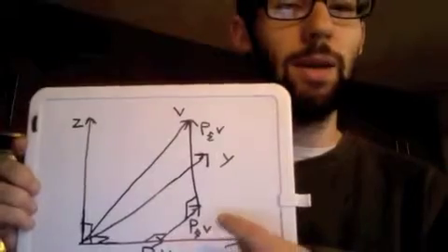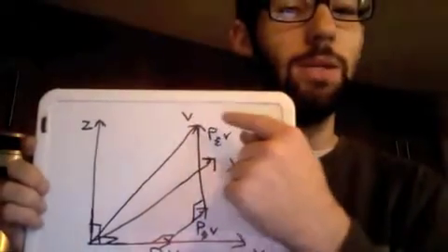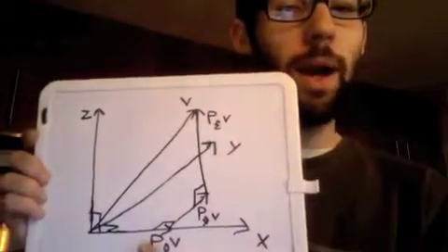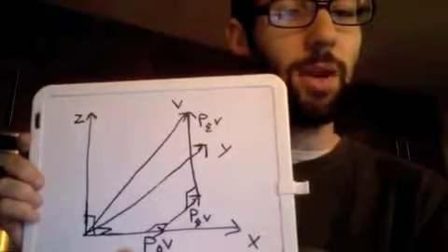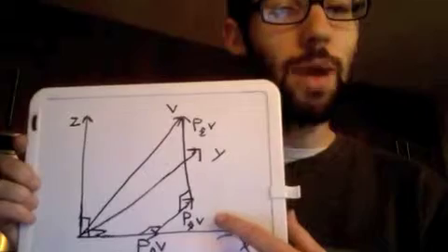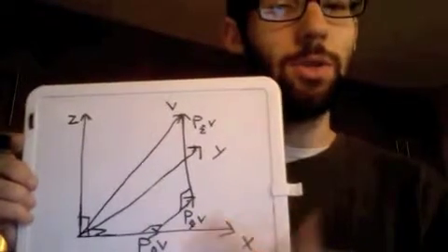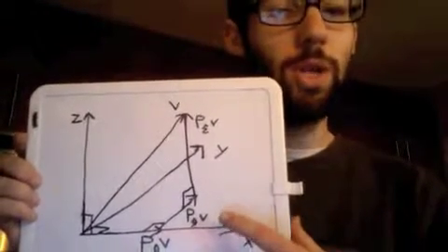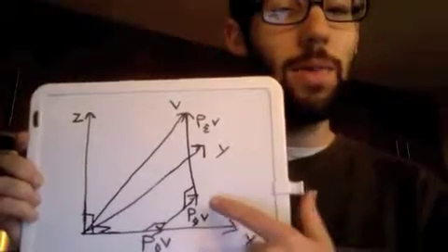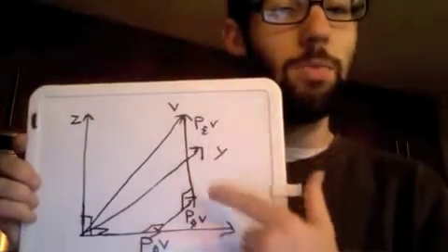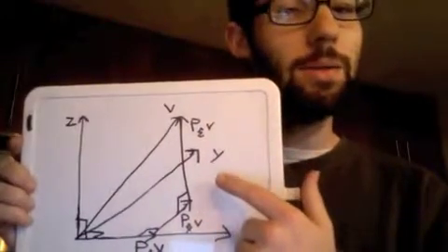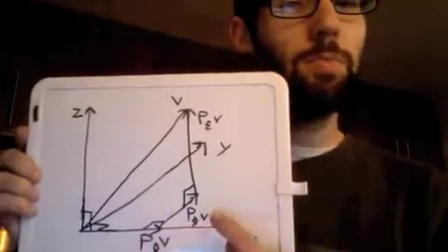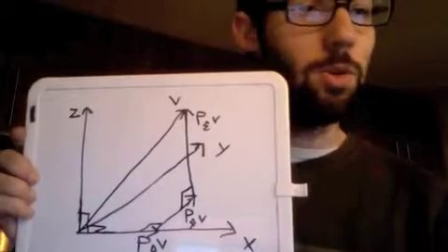Remember, we couldn't do that in 2D, but now that we have any 3D vector, we can subtract the component in the x direction, the projection into the x direction, and also subtract the component in the y direction. So there's two projections that we subtract. And then what we're left with is the third final component. And look, this is parallel to the z-axis. It is perpendicular to both of the original two.